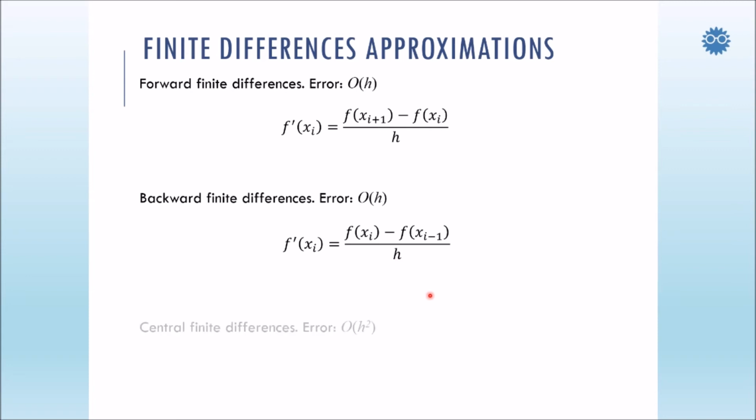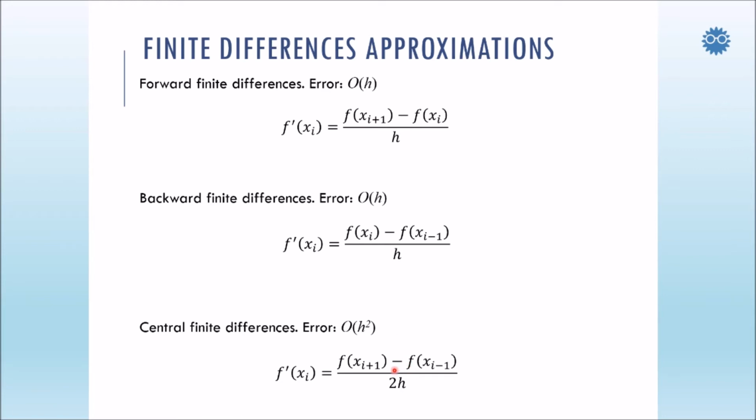Finally, there's the central finite differences method, or equation, which puts xi in the center between two points. So it could be considered a combination of the previous two methods.